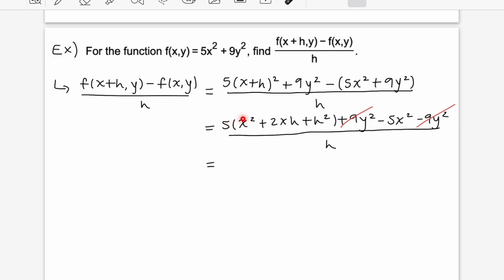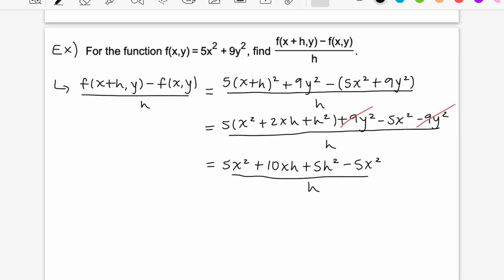Then distributing this 5 to every term here in our parentheses, we'll get 5x squared plus 10xh plus 5h squared. And then we still have this minus 5x squared here. All right, and we still have that this is all over h. And we have a minus 5x squared and a positive 5x squared here, so those guys will cancel.